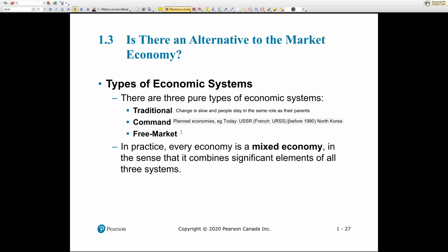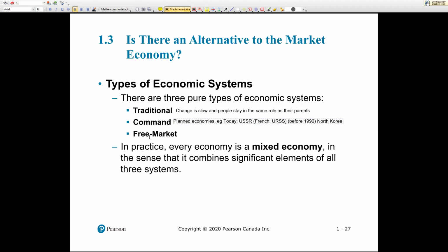All right. And then free market is what's going on almost everywhere. But in practice, everything is mixed. If my mother was an economist, I could say that I followed her path, so in a traditional sense this still applies.